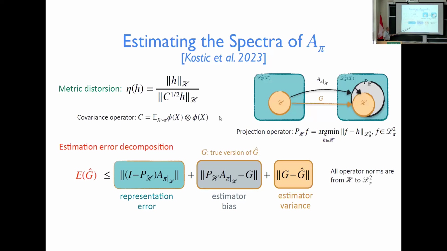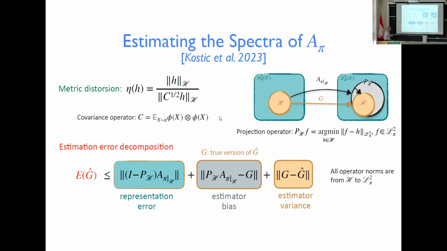So the first term here is the distance between the projection of the transfer operator on the space. It is defined here, right?